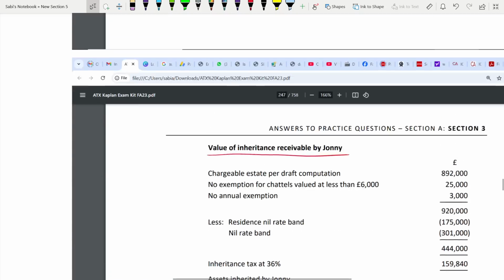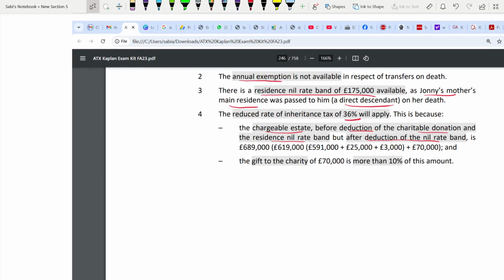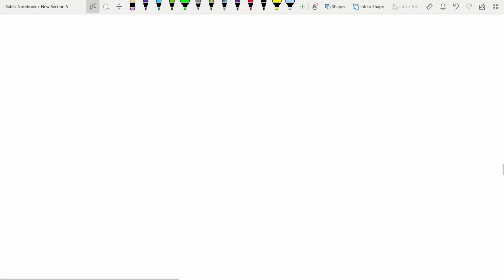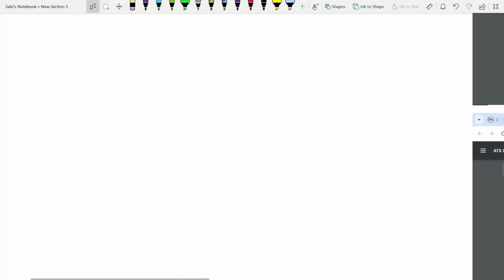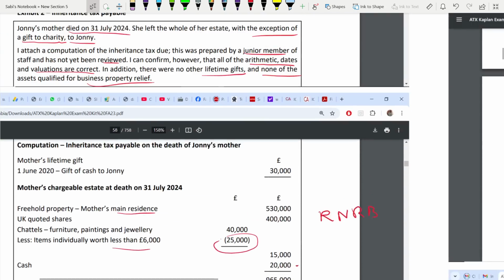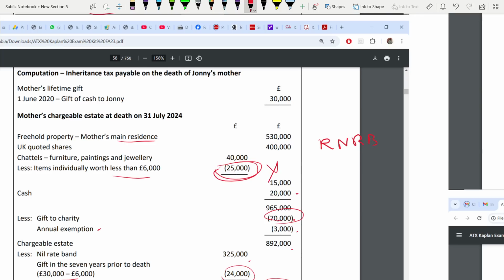Here this is to charity. But remember, the things which you have done incorrectly, you have to add back. While calculating, you have deducted this 25,000 and this 3,000.